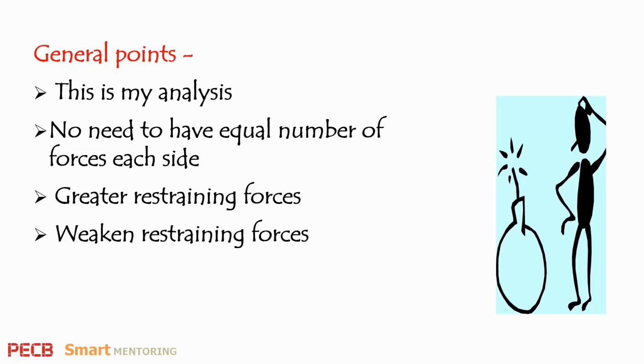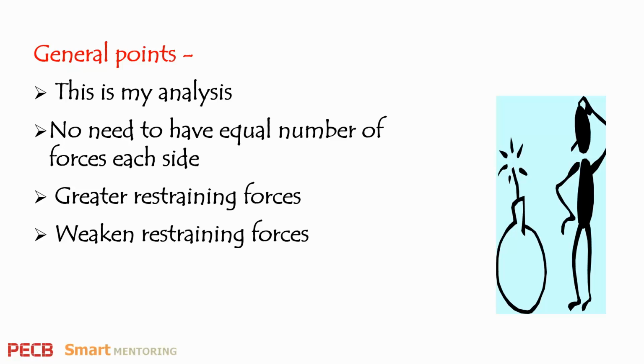Now, this is my analysis. The topics are my ideas and what I see as the driving and restraining forces acting on the company at that period in time. You may do the same analysis and use different criteria, totally different, every company is different.